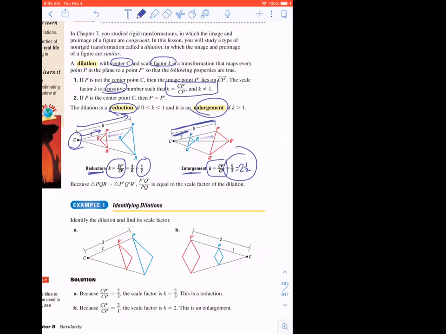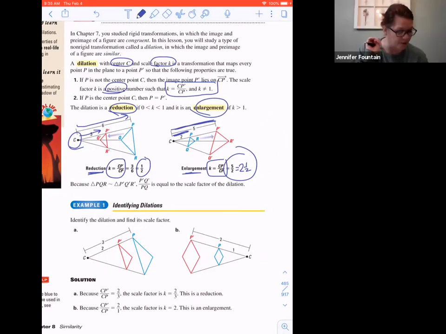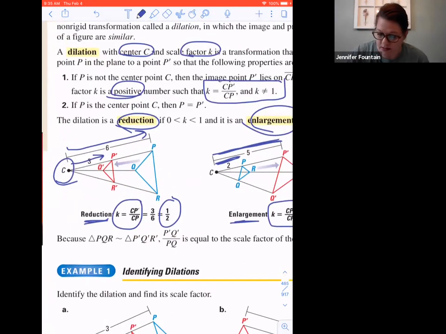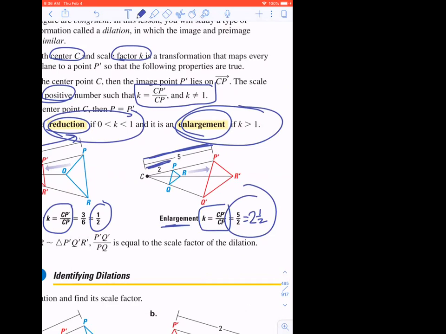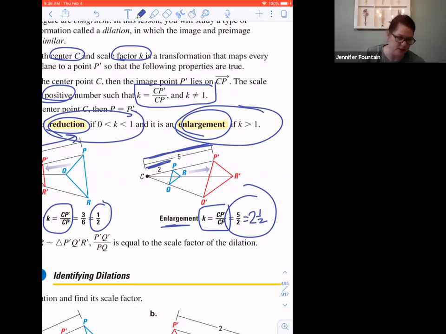Bullet point number 5. Okay, 4 and 5. The dilation is a reduction if 0 is less than K, which is less than 1. And the dilation is an enlargement if K is greater than 1. So bullet point 4 is reduction. Bullet point 5 is enlargement.